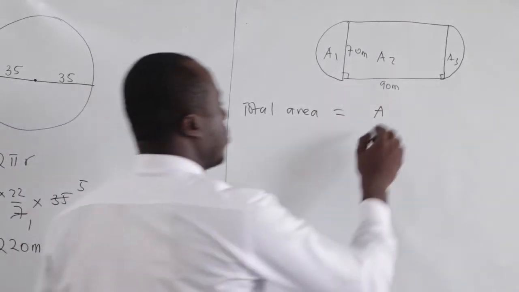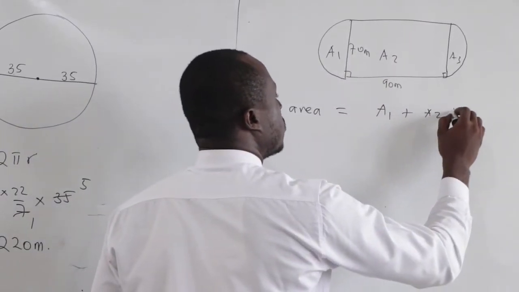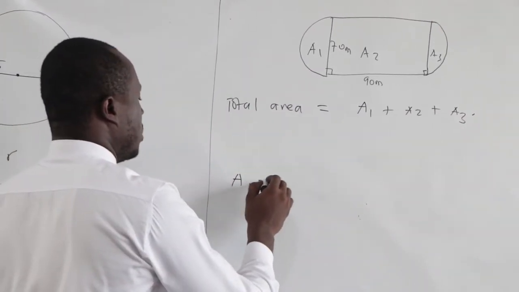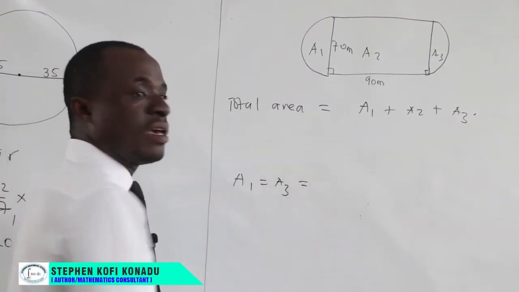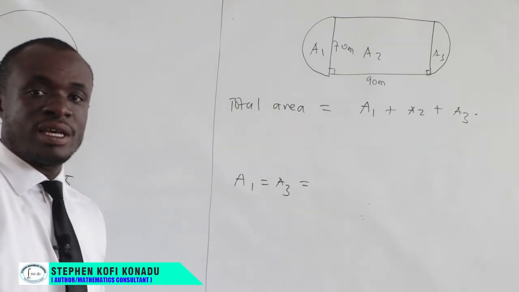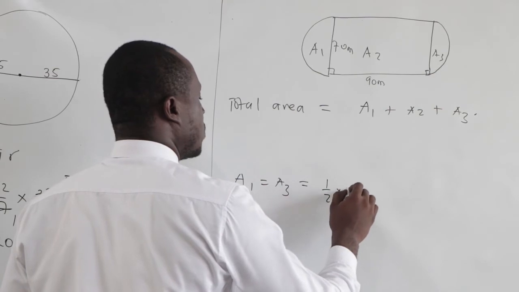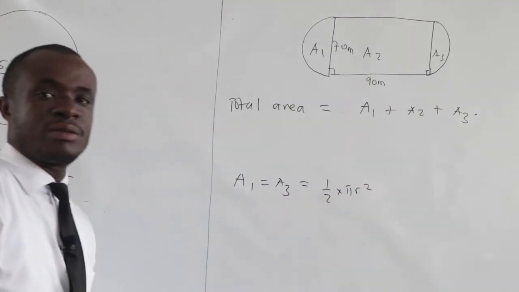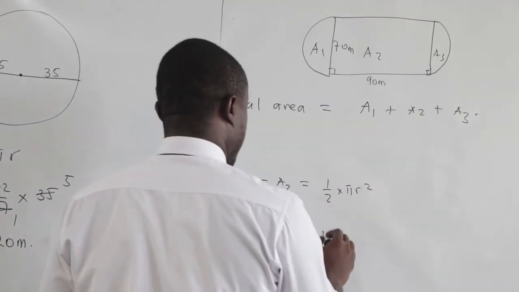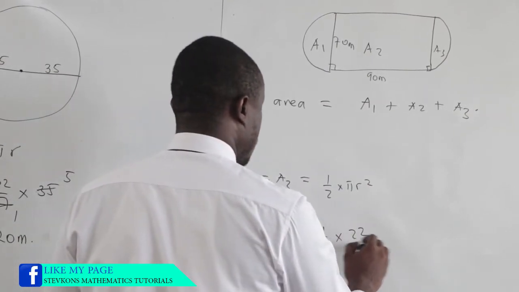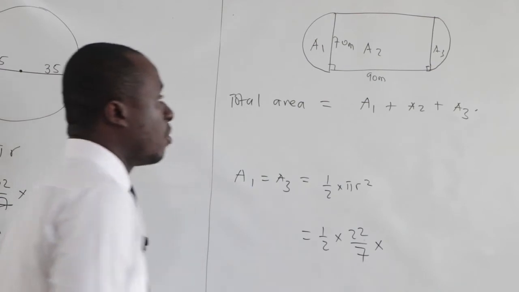Now, A1 is the same as A3. And because it is a semicircle, what's the area of a semicircle? That is half times pi r squared. Now, we have half. What is pi? Pi is 22/7.